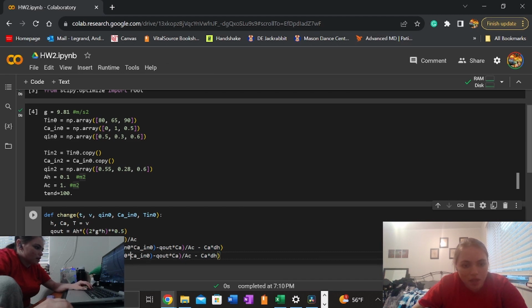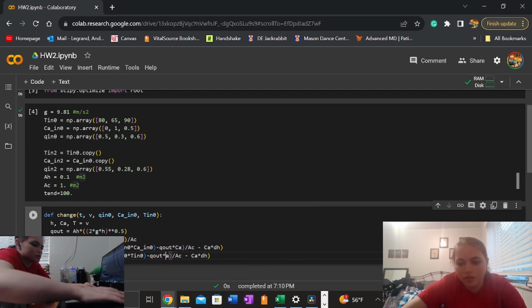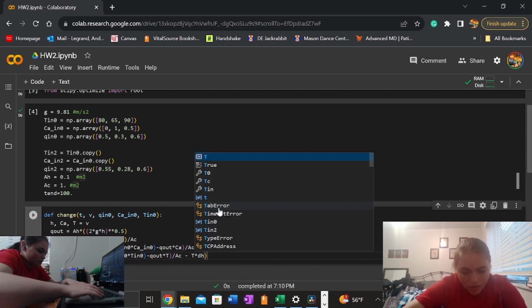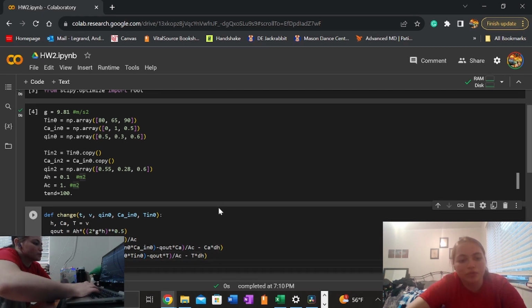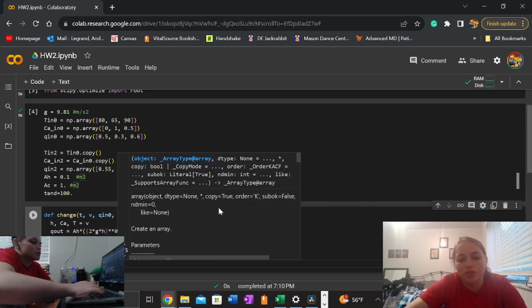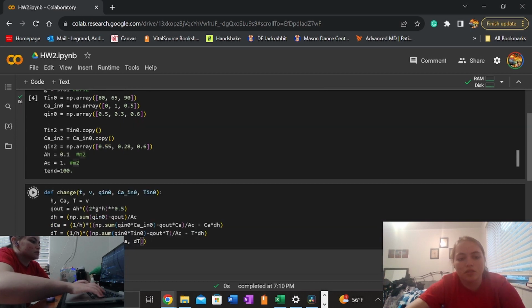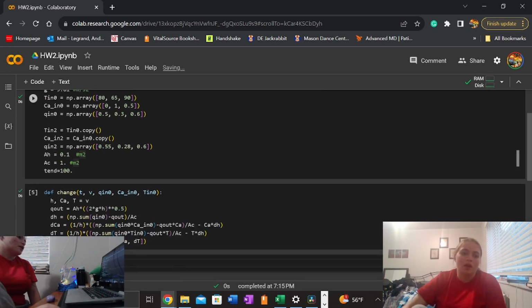So instead of CA in, it is temperature, and then this is also T, and this is also T. And then we are going to return an array of our DH, our DCA, and our DT. Shift Enter. Cool.